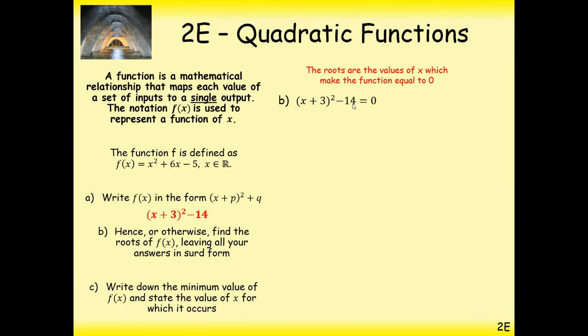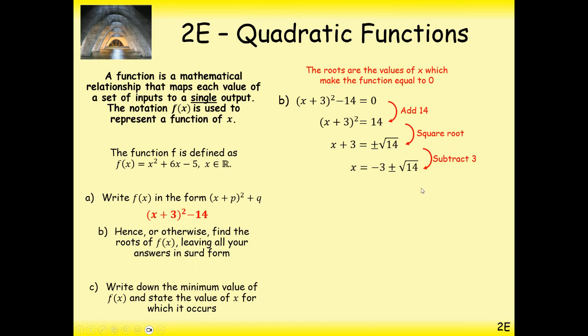Once you've set it equal to 0, you take 14 to the other side and take the square root of 14, which gives you a plus and minus sign. Then you end up with -3 plus or minus root 14. This is left in surd form as the question asks us to do. So the roots of the equation are these two values. It might be helpful to write x1 and x2 separately.